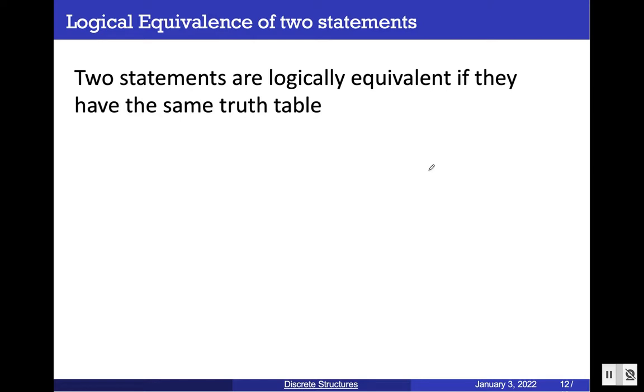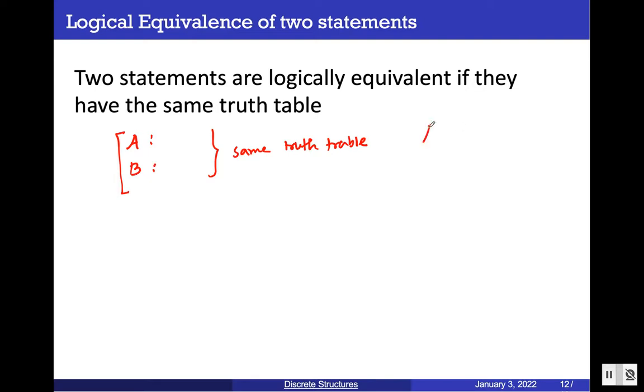So let's say you have a statement A and another statement B. If these two statements have the same truth table, so for each combination of true and false the two statements generate the same truth table, they are known as logically equivalent.